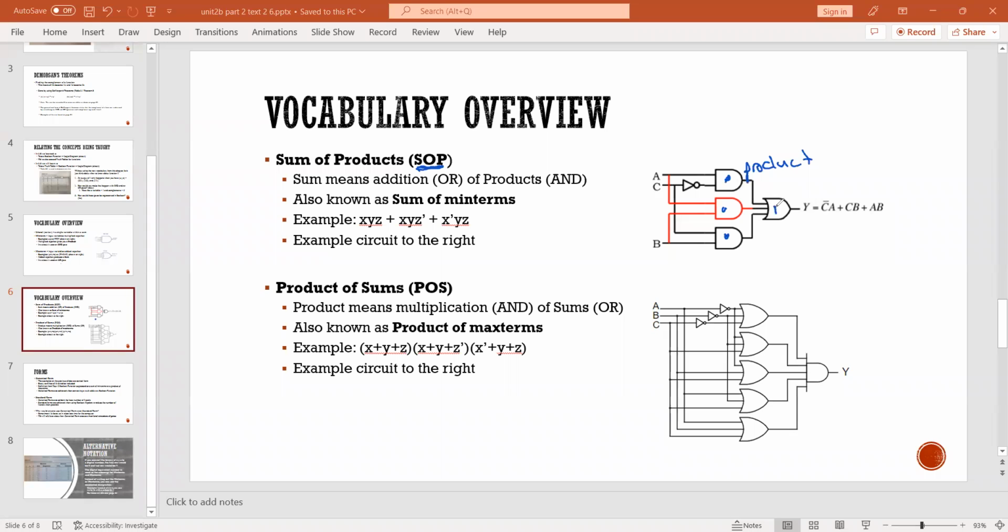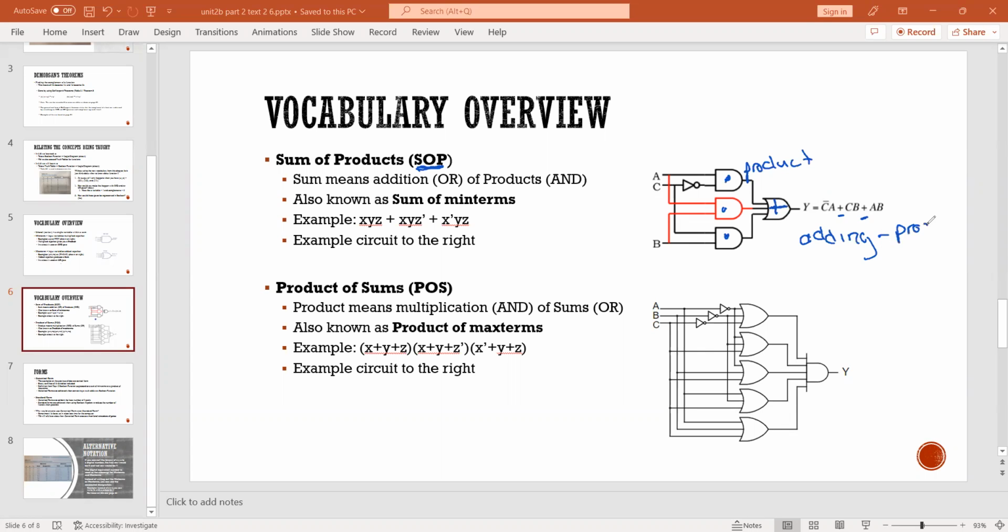An OR gate is addition. So you can see that these are all added together. And what is getting added together? So this means you are adding together what you had multiplied. We're just going to say products.